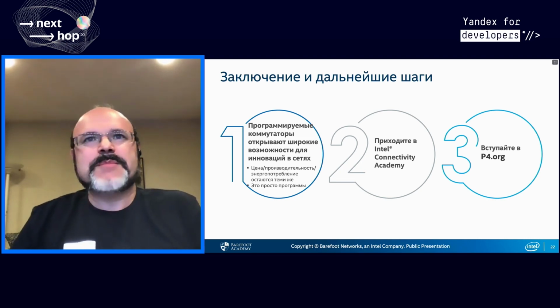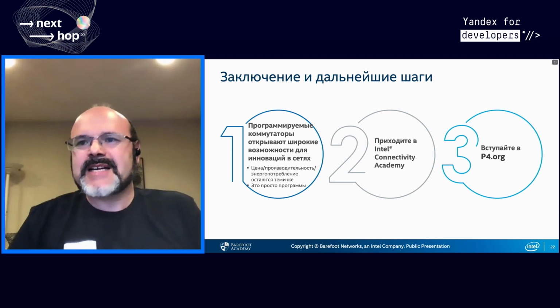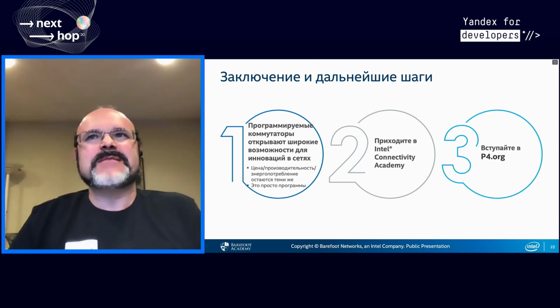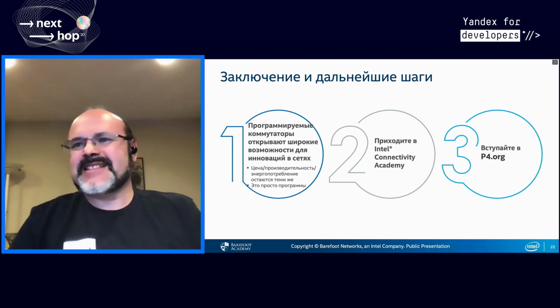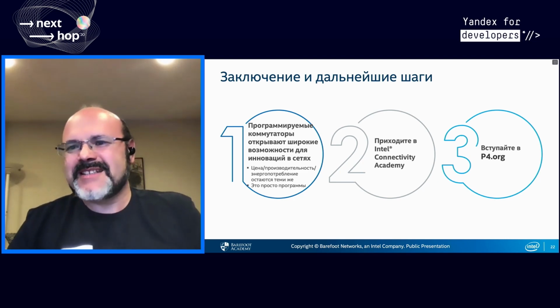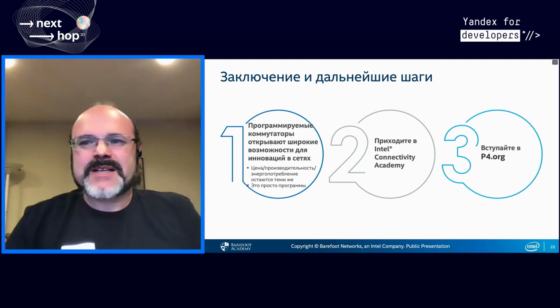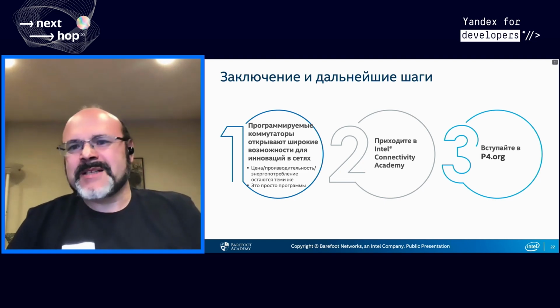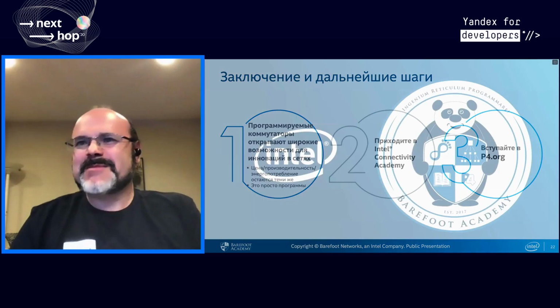Secondly, come to Barefoot Academy, and in 2 weeks it will be called Interconnectivity Academy. This is an institution which I'm heading, where we train people to program, and if you're working in some organization, you're invited to join P4.org and to do more with the programmable commutators. Thank you so much.